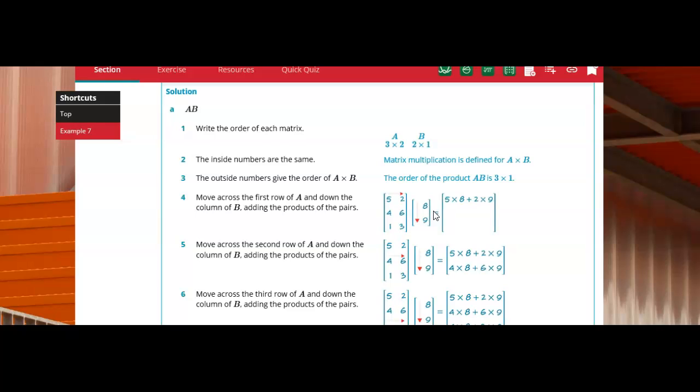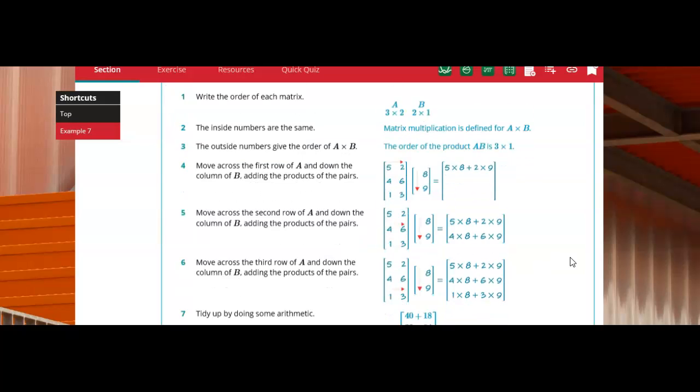I'll make that bigger and show you how to do the matrix multiplication. So this is what it means by running and diving. We go across the first row, 5 times 8, 2 times 9. We put that in the first element. Then we go to the second row, first column: 4 times 8, 6 times 9.